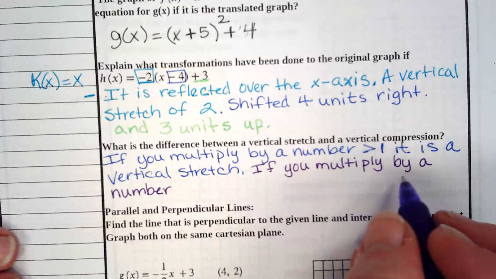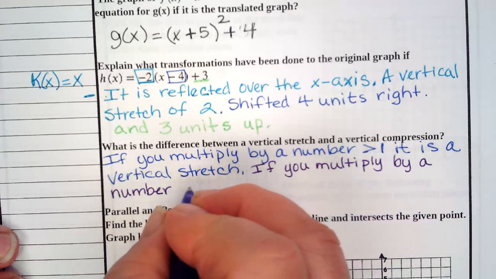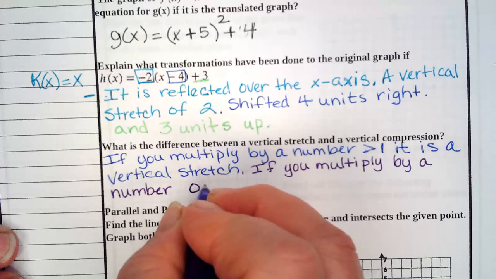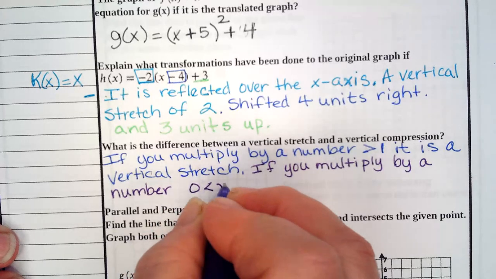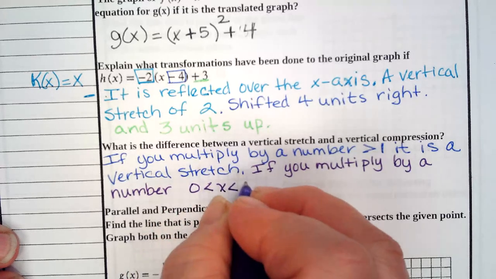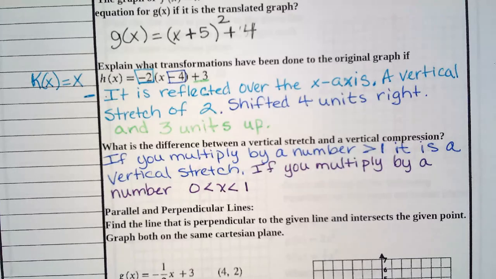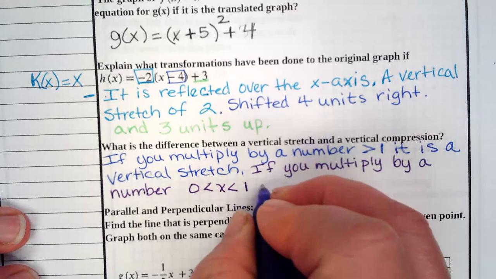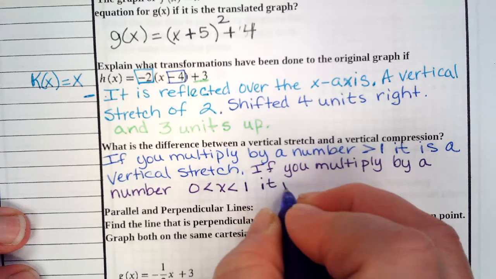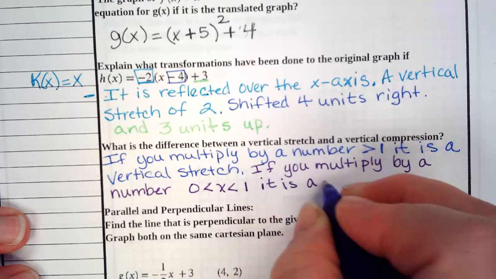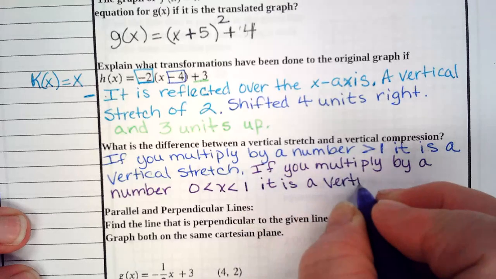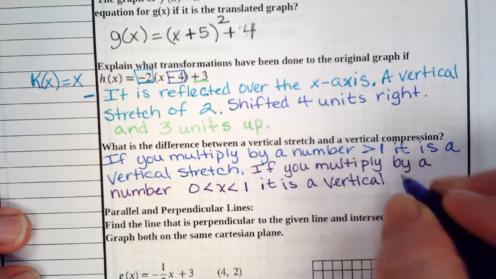If you multiply by a number that is between 0 and 1, it can't be 0 and it can't be 1, it is a vertical compression.